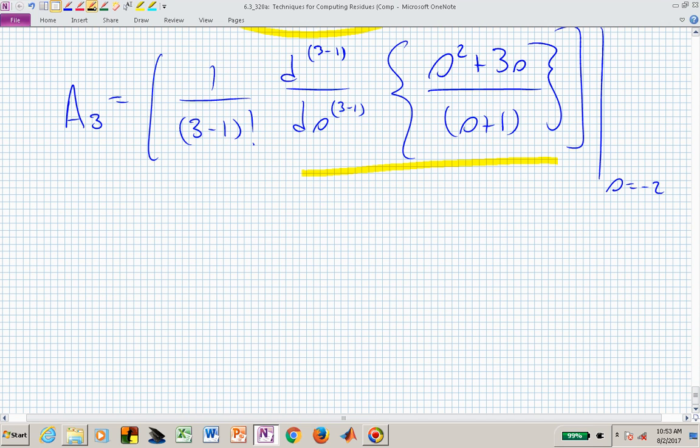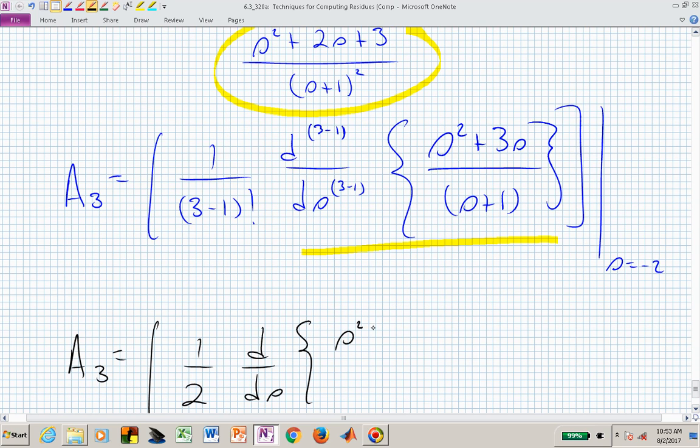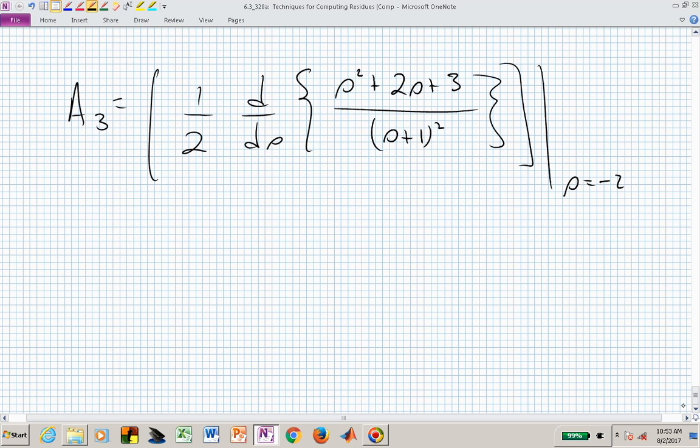So a sub 3 now becomes 1 over 2 factorial, which is 1/2, the first derivative of what's now highlighted in yellow, which is s squared plus 2s plus 3 over s plus 1 squared. And once that differentiation operation is complete, we could evaluate that at s equal to minus 2.